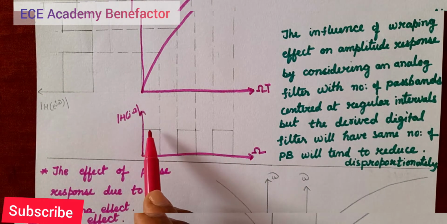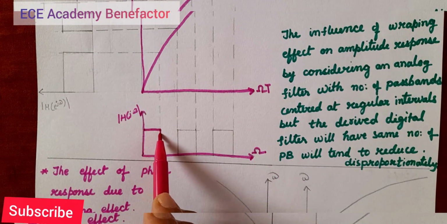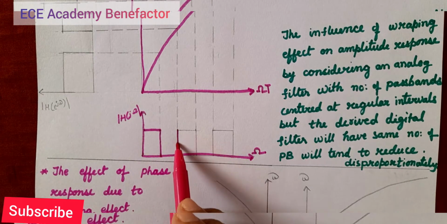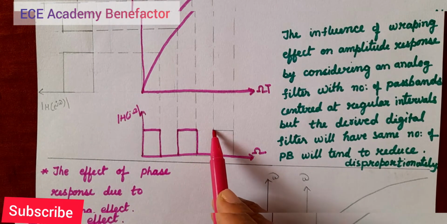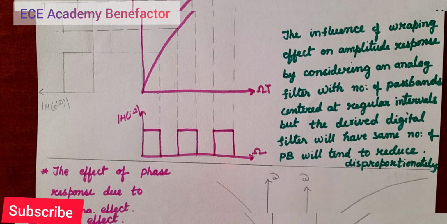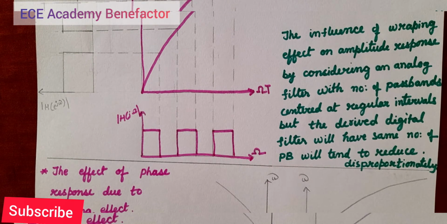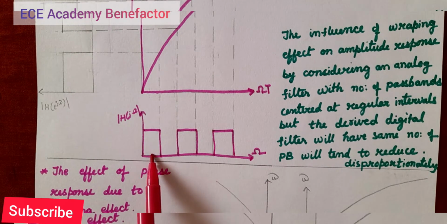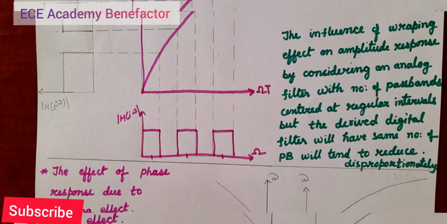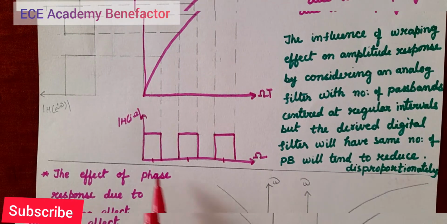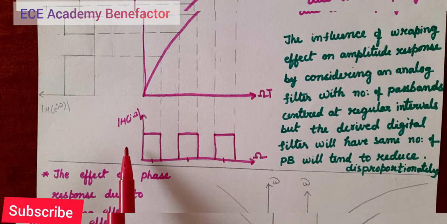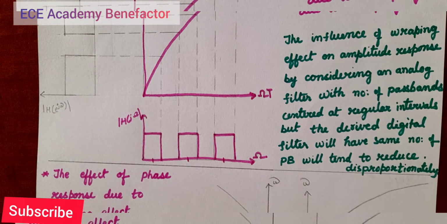Consider an analog filter containing pass bands centered at uniform frequencies. Okay, considering an analog filter with a number of pass bands centered at regular intervals. This is the analog filter magnitude response.